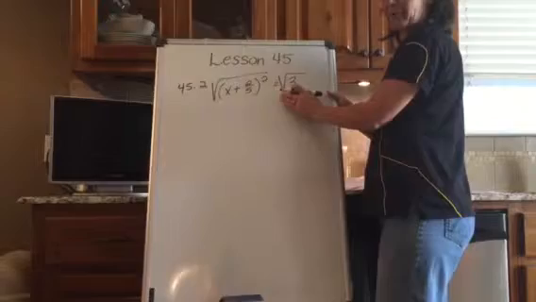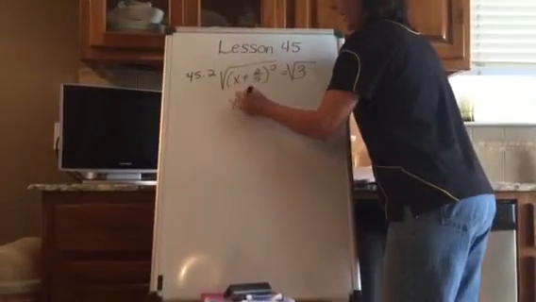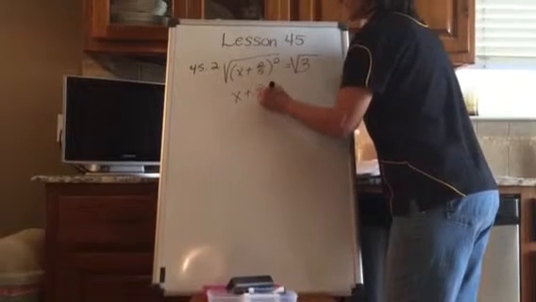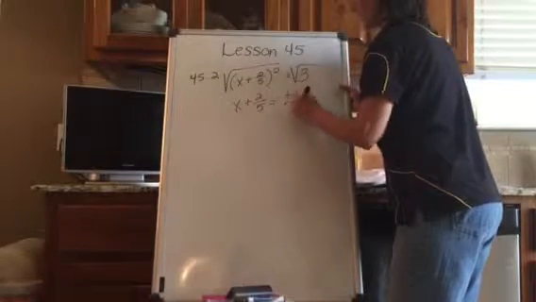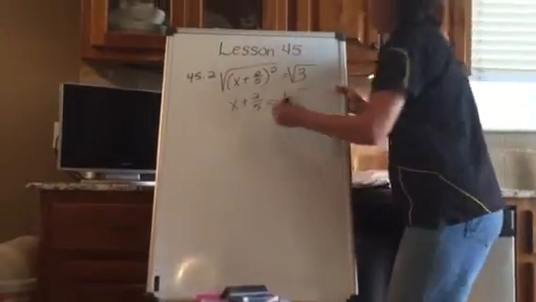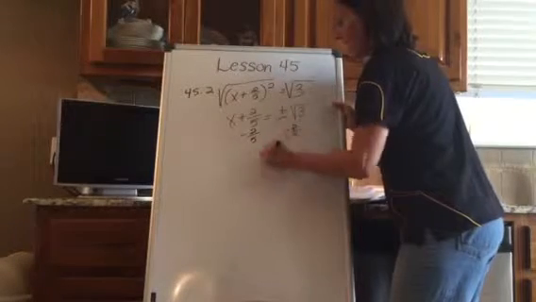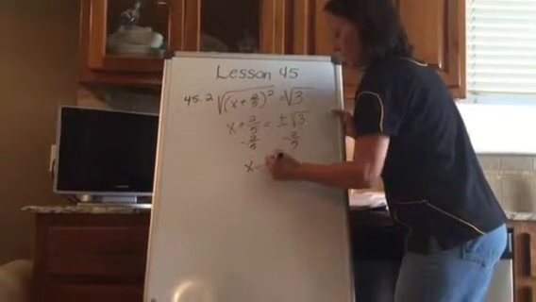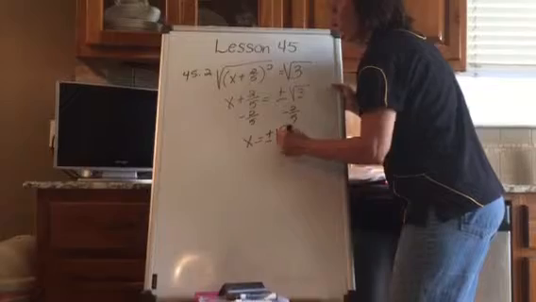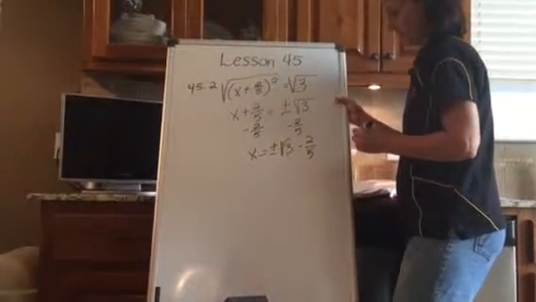It's isolated. Remembering when I take the square root of the term on the right side, it's plus and minus, okay? So I have x + 2/5 equals plus or minus the square root of 3. I move my 2/5 to the other side to solve for x, and I have x equals plus or minus the square root of 3, minus 2/5, okay?